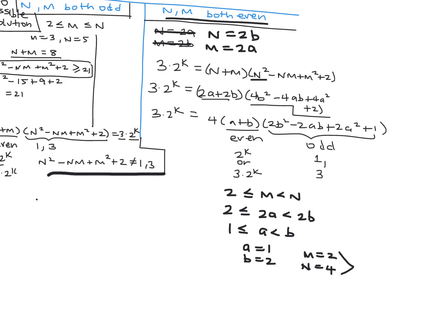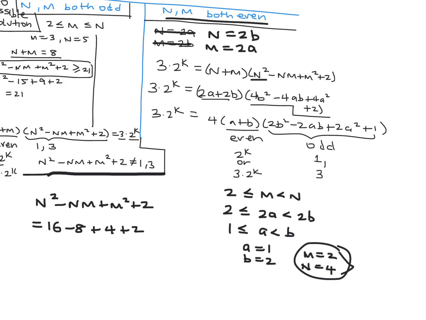So therefore that n squared minus nm plus m squared plus 2 expression, using our values of 2 and 4, would be 4 squared, which is 16, minus 2 times 4, which is 8, plus 4 plus 2, and that looks to me like 8 plus 6, which is 14.